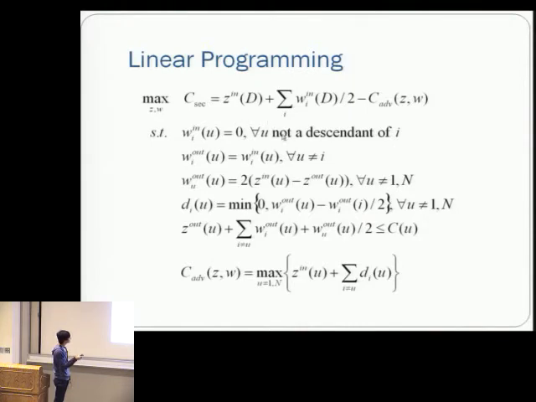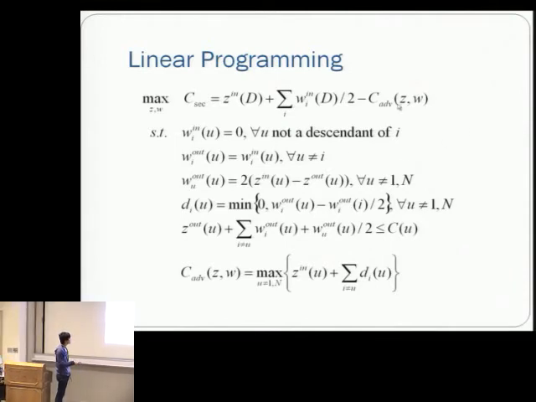And this summation here is the number of packets that D receives in duplication, so you get 2 copies of them and you divide it by 2. And this C_adv here is the capacity of the adversary, the amount that it can attack.